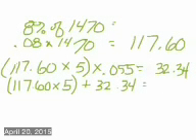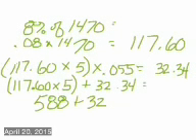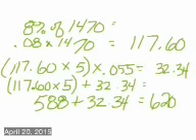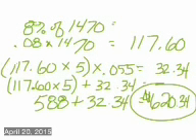So $117.60 times 5 is what? $588. Now, what's $588 plus $32.34? $620.34. Woohoo! That's number 2.